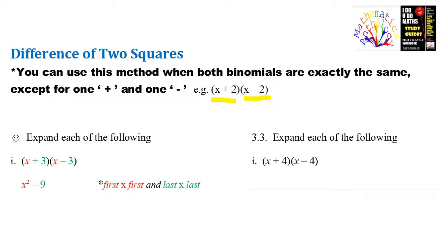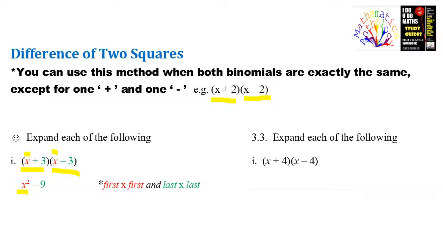Expand each of the following. We have x plus 3 times x minus 3. Difference of two squares is really easy. All you do here is it's first times first and last times last. So the first one in the first bracket is x, the first one in the second bracket is x. So x times x gives me my x squared.